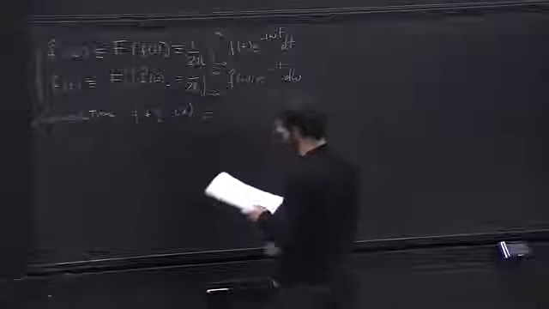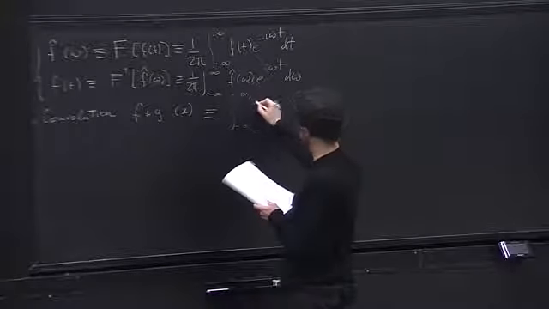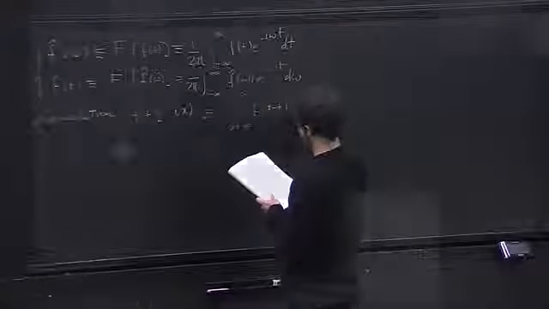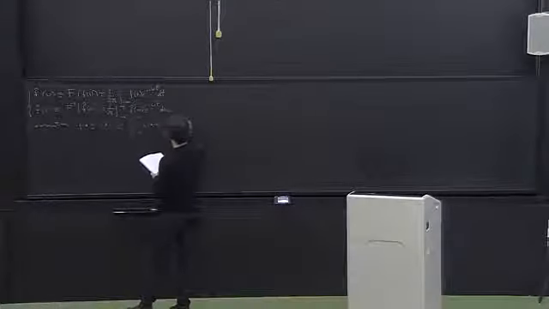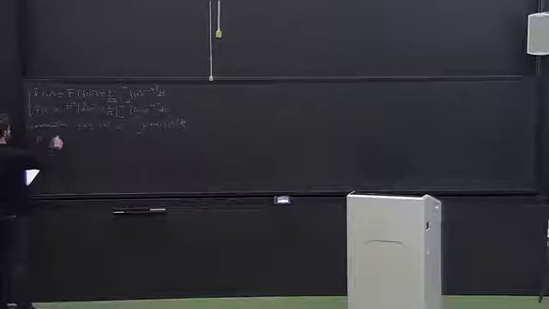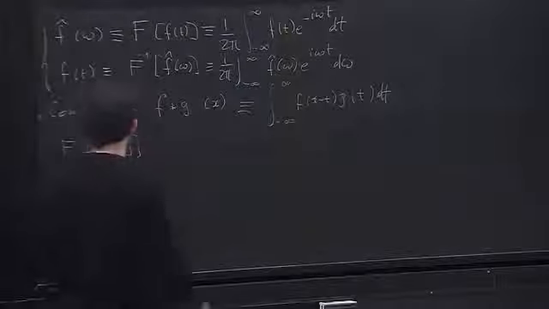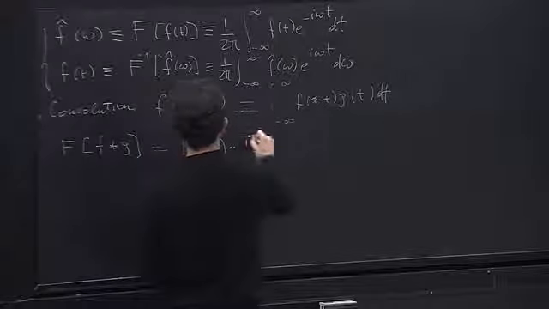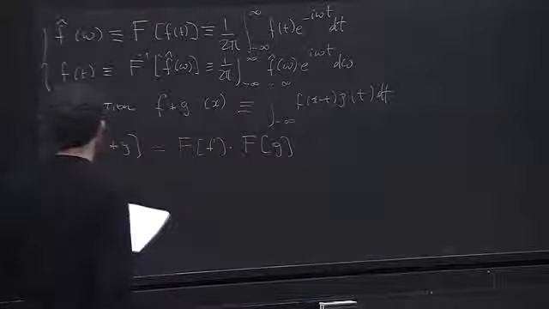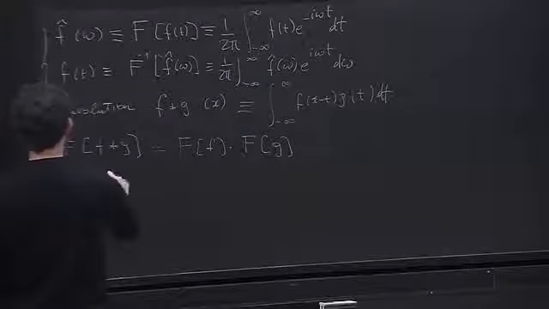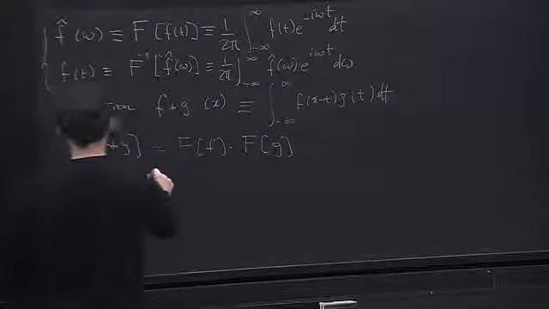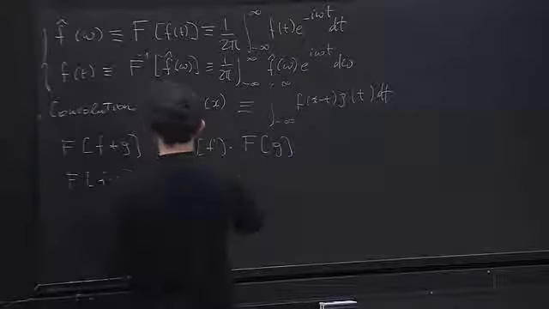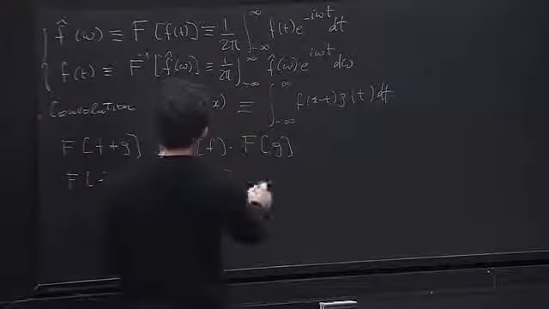It's defined as this integral. And we know that the Fourier transform with respect to the convolution behaves in a nice way. The Fourier transform of the convolution is equal to the product of the Fourier transforms. And the Fourier transform of the product is equal to the product of the convolutions.